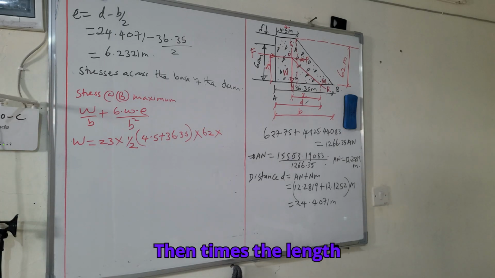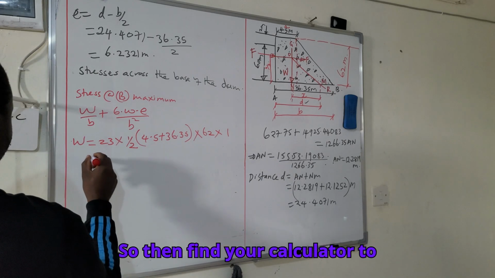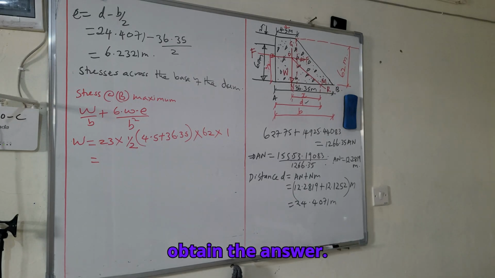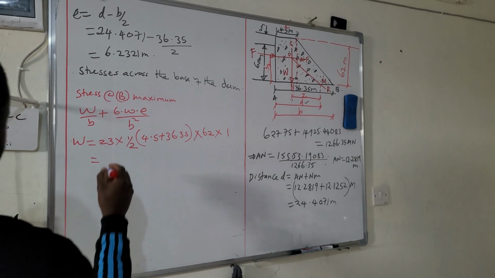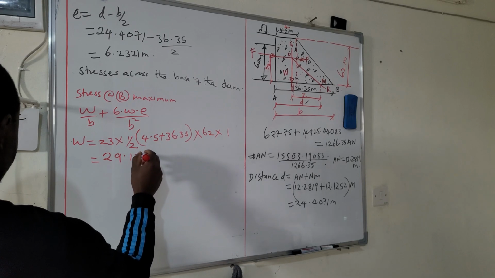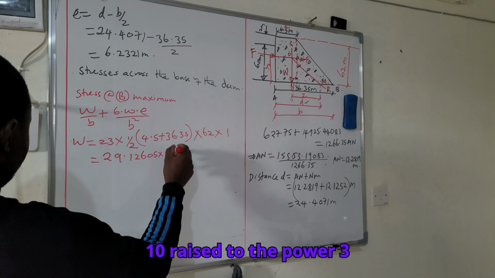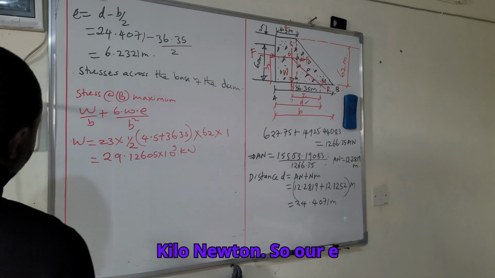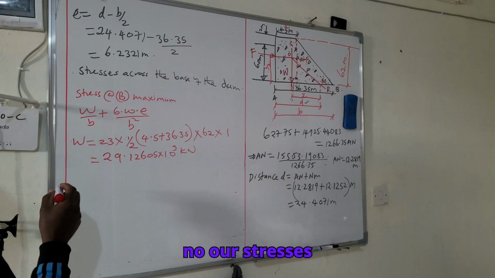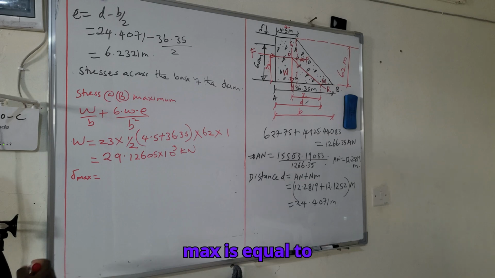Then times the length of the dam, which is 1 meter length. So punch your calculator to obtain the answer. So that is 29.12605 times 10 raised power 3 kilonewton.